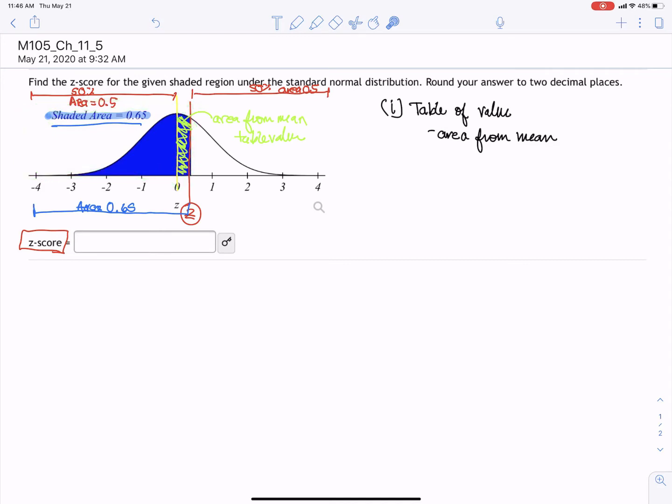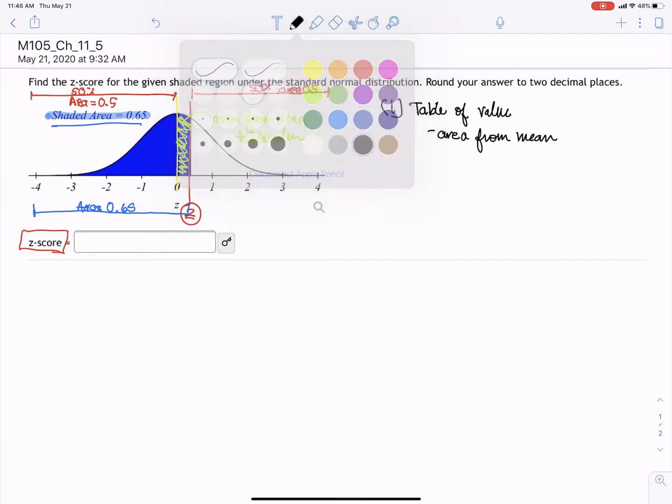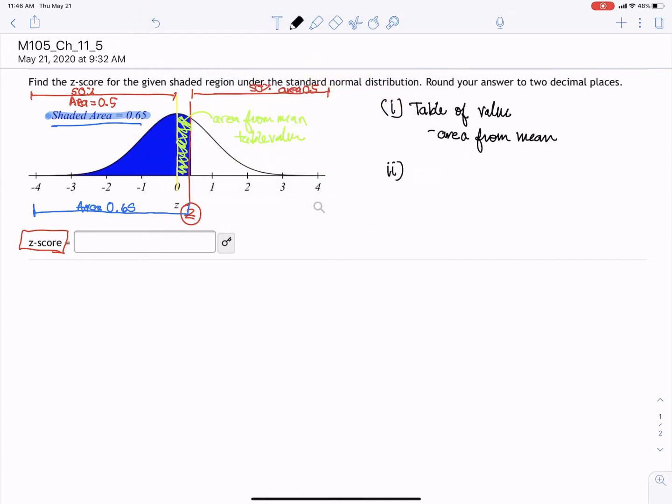And then once I get that, I can just look on the table and get a z-score really quickly. So let me write this down. You need to find area from the mean, and then the last part would be to look up the z-score from the table.